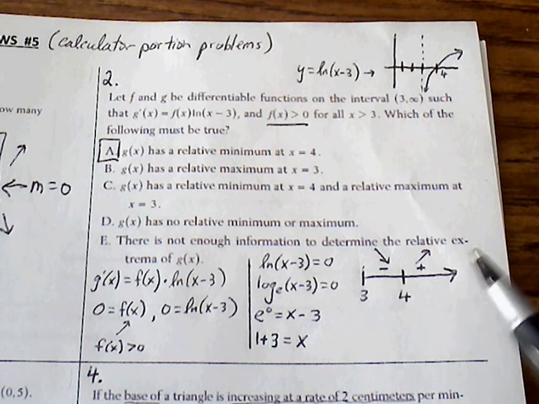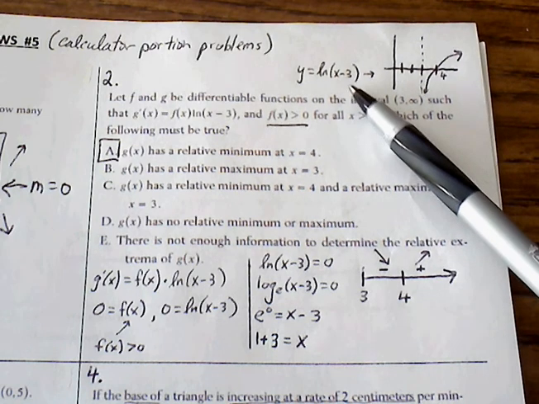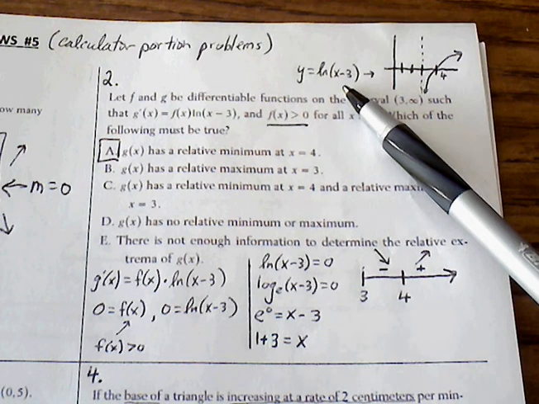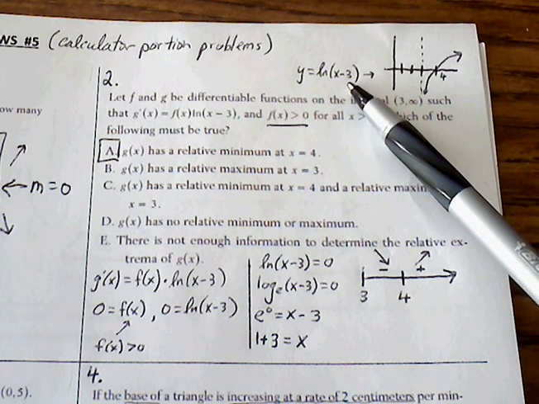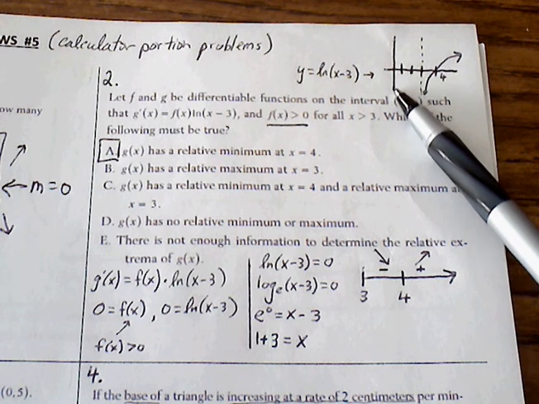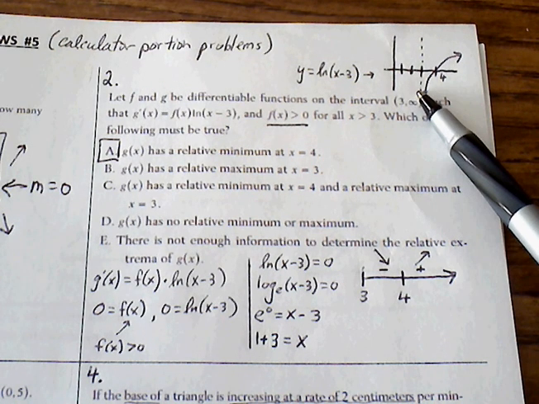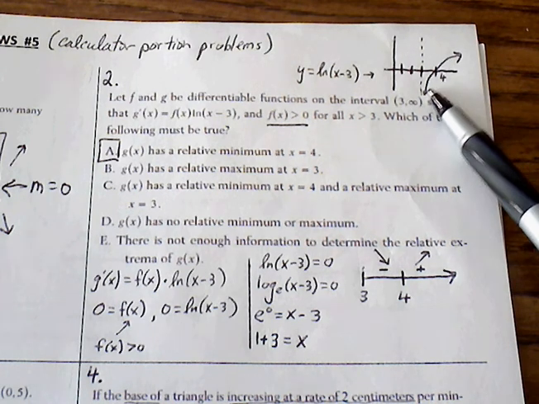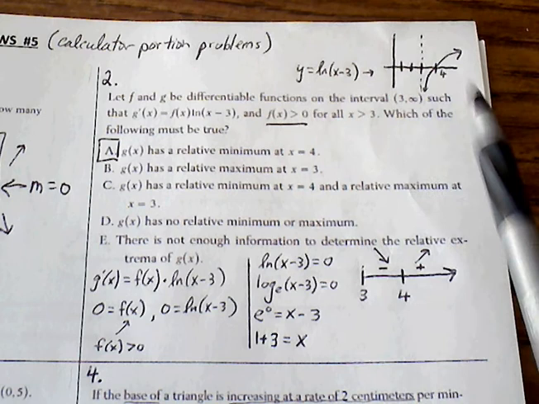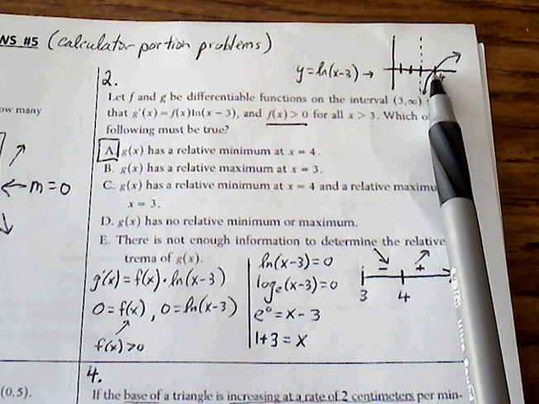Now, this is what natural log of x minus 3's graph looks like. It's basically just natural log of x, but with the graph shifted to the right 3 units. So the asymptote was initially at 0, but then we move it 3 units to the right, so that'll give us a vertical asymptote at x equals 3, and we know that the x-intercept will now be at 4.